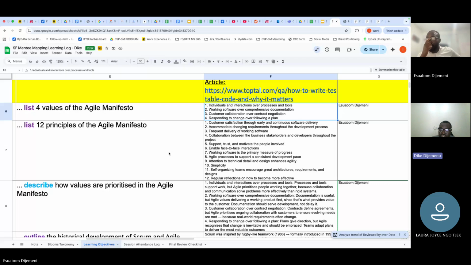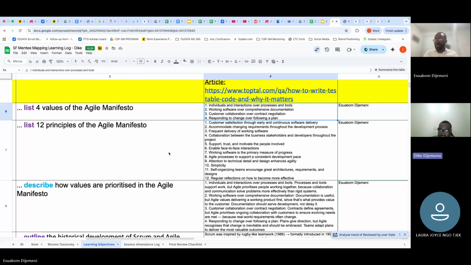So the idea is you are always delivering useful value more frequently. Next, accommodating changing requirements throughout the development process. This links up with 4, where you are responding to change over following a plan. And to some extent, it links up to 3, where you're having changing requirements due to flexibility in the contract.